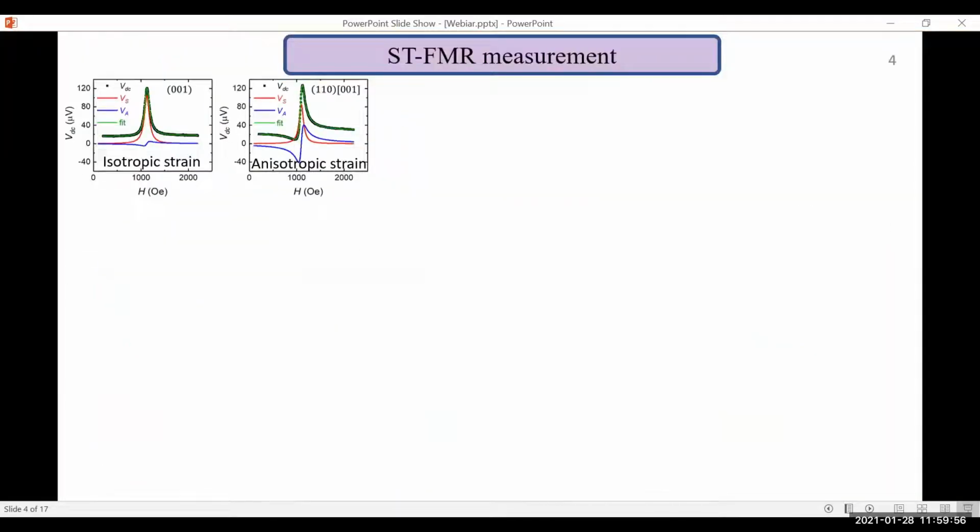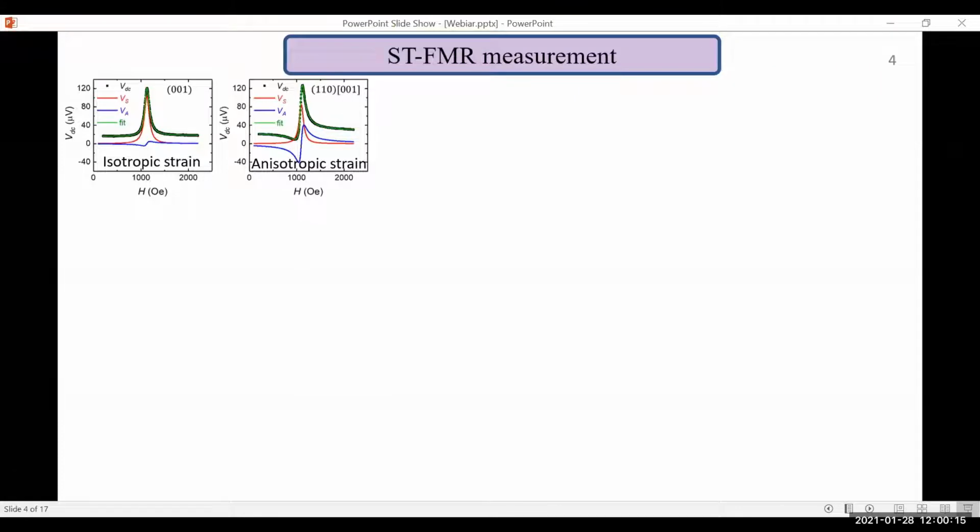Actually, it depends. First thing is that the 001 plane is quite isotropic. So two different directions of the 001 plane produce almost similar results. But the 101 oriented film is quite anisotropic.